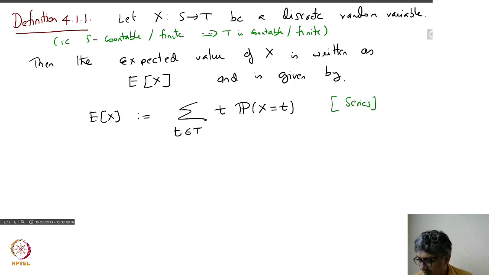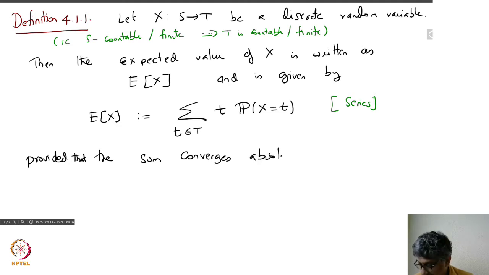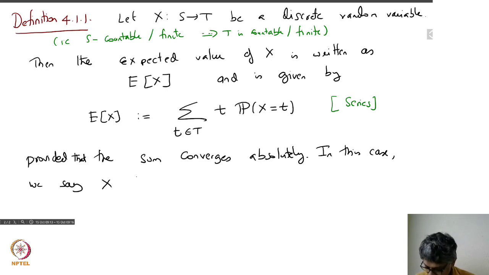So you have to add a caveat by saying that this is equal to this, provided the sum converges absolutely. In this particular case, when this sum converges absolutely, we say X has finite expectation.